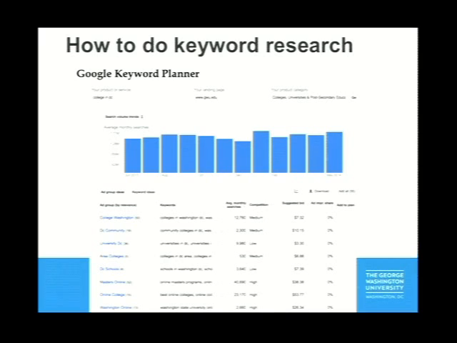And using this, you don't have to pick them all. You can just go through and look at what keywords and keyword phrases you think would work. But you get to see the average monthly searches with those keywords and what it might cost you should you want to advertise with those keywords.